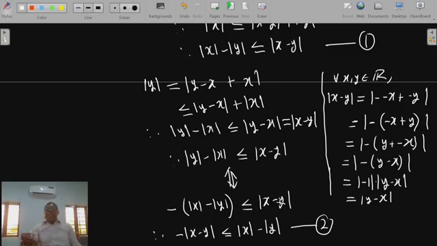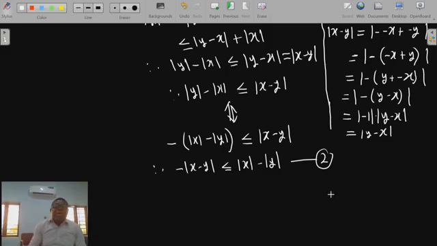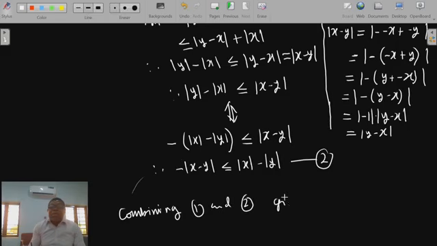Now, if we combine 1 and 2, in fact, let me say combining 2 and 1. I think it's better that way so that it will follow that order.